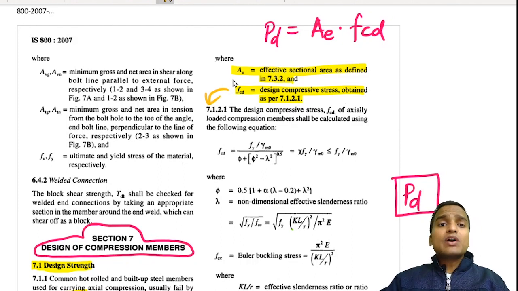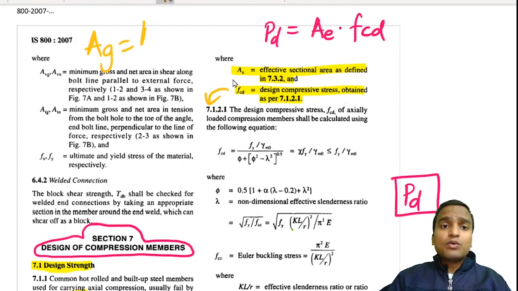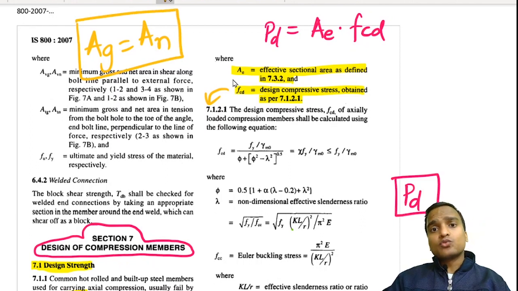Now here the area of the gross section of the member is the same as the net sectional area in the case of a compression member, as we have discussed, because there is no reduction due to holes here. In this case we can write AG is equal to A net. Alright, so in most cases the IS code recommends that we use the gross sectional area only. So AE calculation is not very difficult.